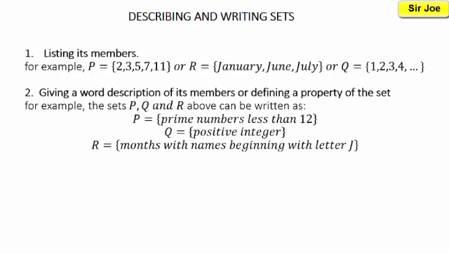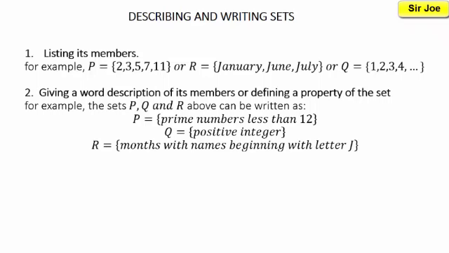And two, giving a word description of its members or defining a property of the set. For example, the sets P, Q, and R in the first one above can be written as follows. You can write P, which is {2, 3, 5, 7, 11}, as prime numbers less than 12. Then you can write Q as positive integers.